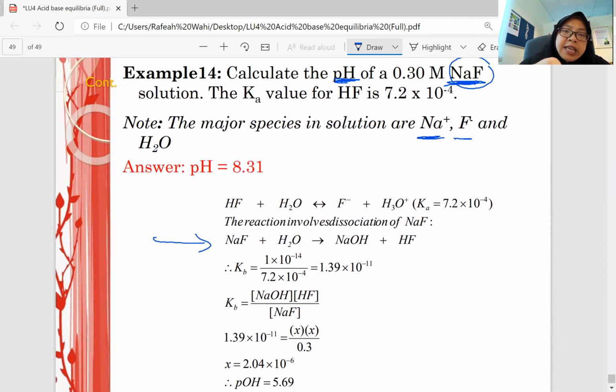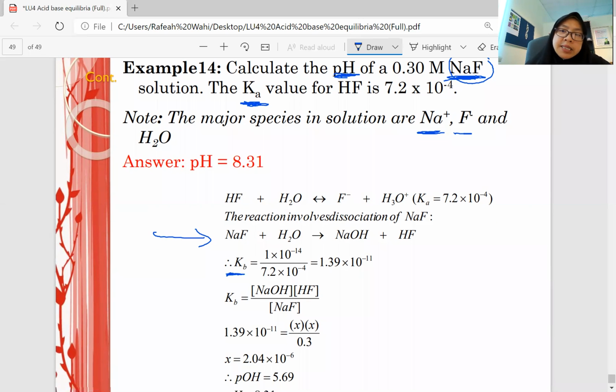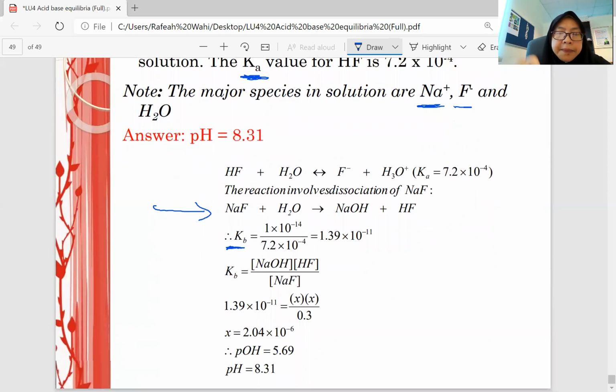You are given Ka for HF, which is a part of the solution. Okay, but you want to convert it into Kb because NaF is the base. So from there you have Kb. Kb equals the concentration of the conjugate base times the concentration of the H plus ion divided by the concentration of the acid.